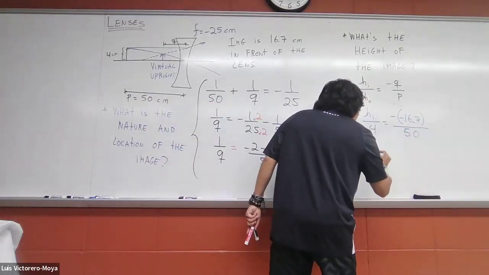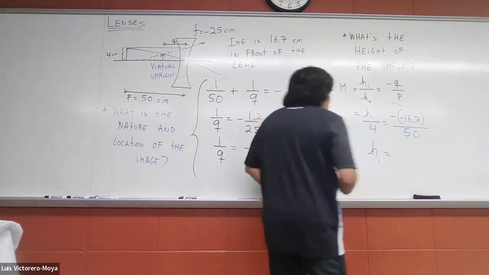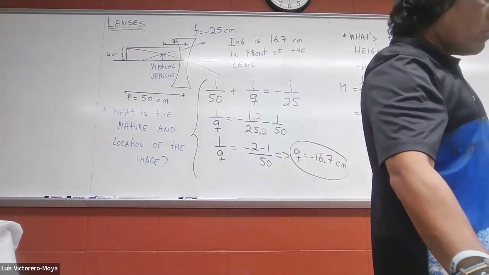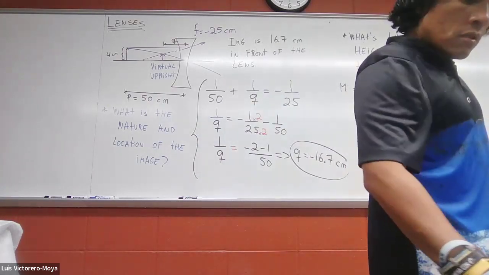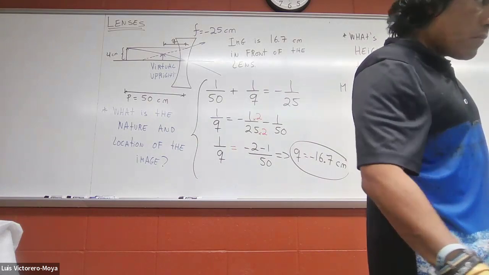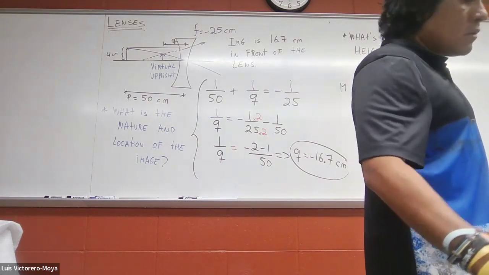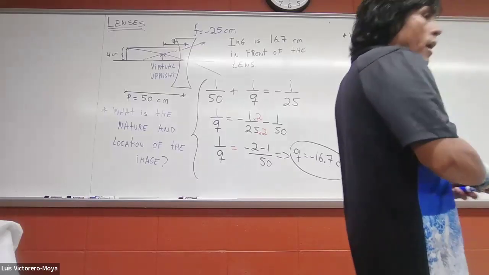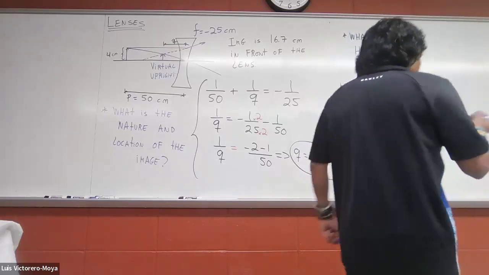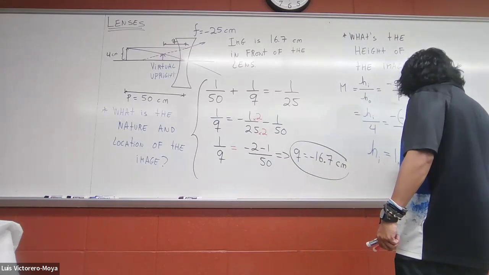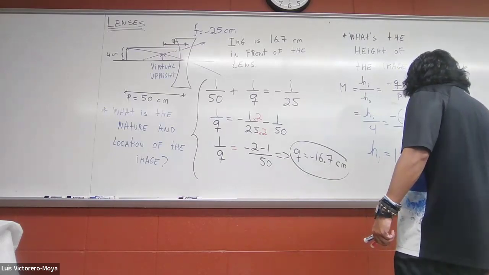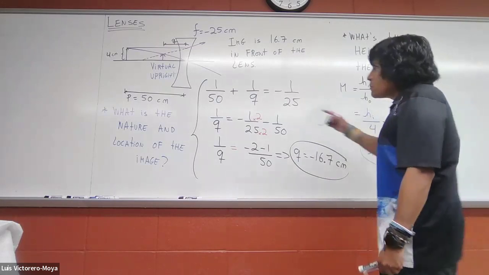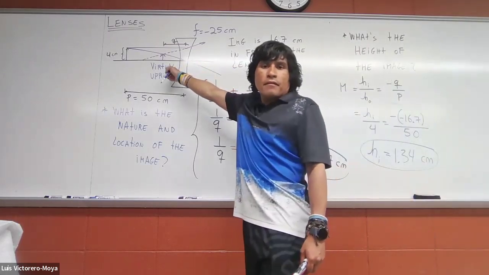So the height of the image will be 16.7 times 4, should be around 70 something, right? Oh, 66, almost 70, divided by 50, 1.34 centimeters. So yeah, smaller than the object, right? Considering that.